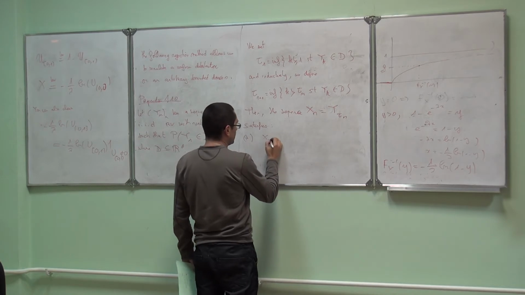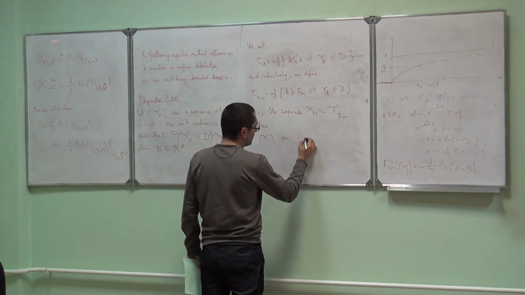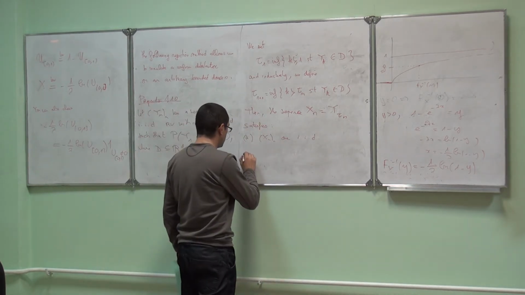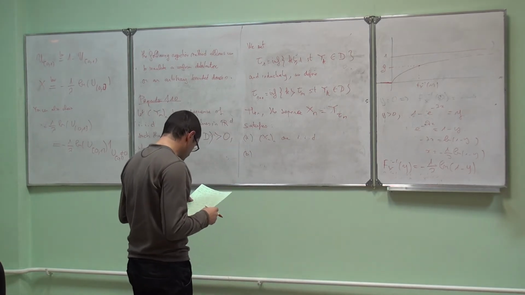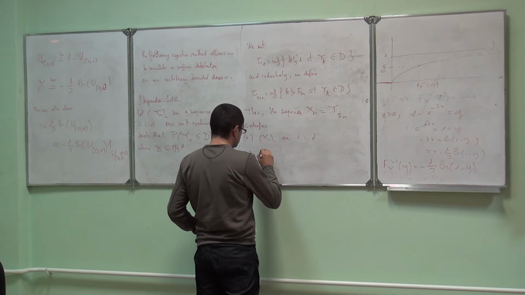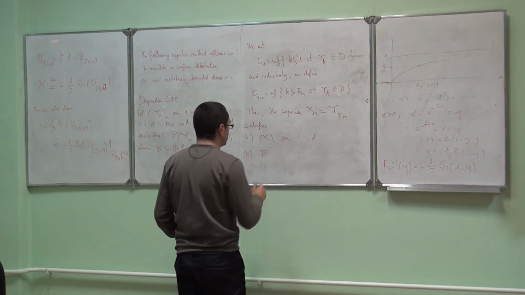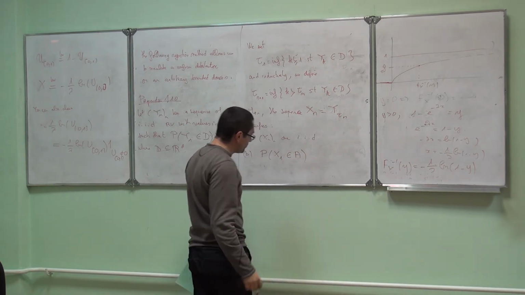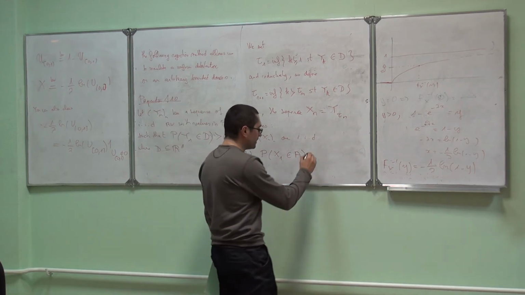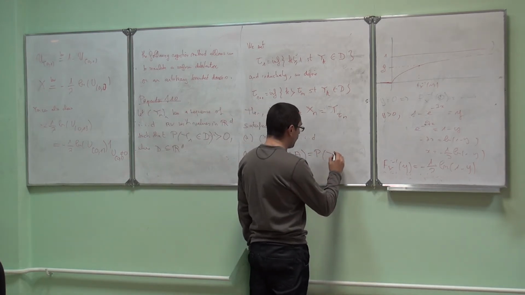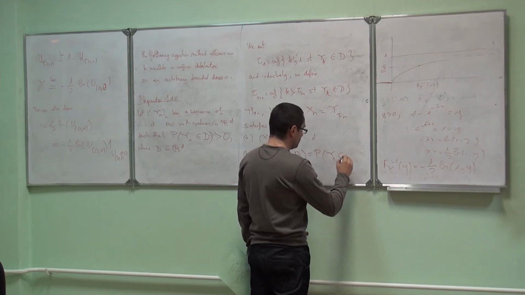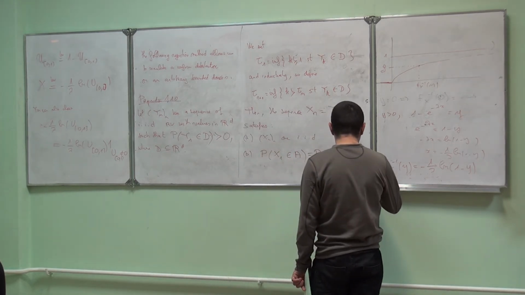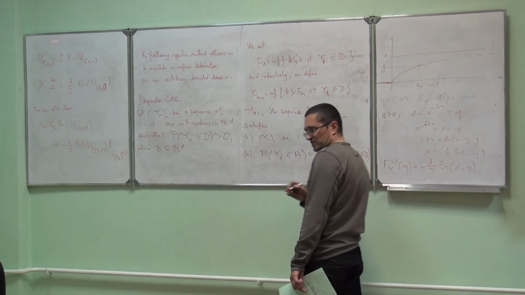First, xn are IID, that is independent and identically distributed. And moreover, the probability that x1 belongs to some Borelian set A equals the probability that y1 belongs to A, knowing that y1 belongs to D. Okay?